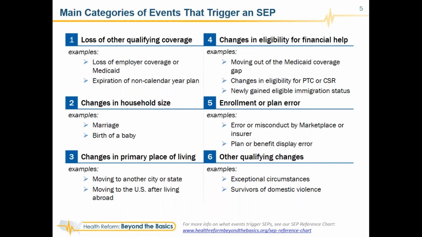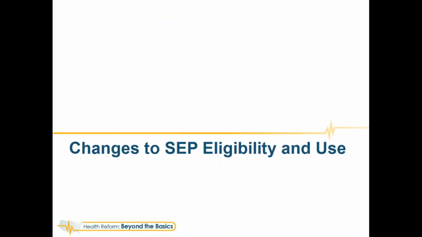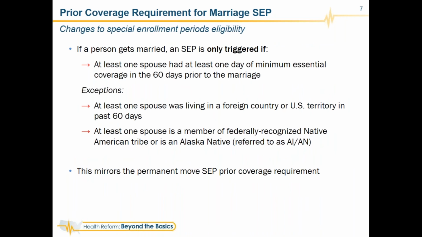You would need to be currently enrolled in a qualified health plan in order to get this SEP. But a big change that happened is that for the SEP for marriage, one spouse must have been enrolled in minimum essential coverage for at least one day in the 60 days before the marriage. So that's a huge mouthful. So we're going to go into more detail on that.